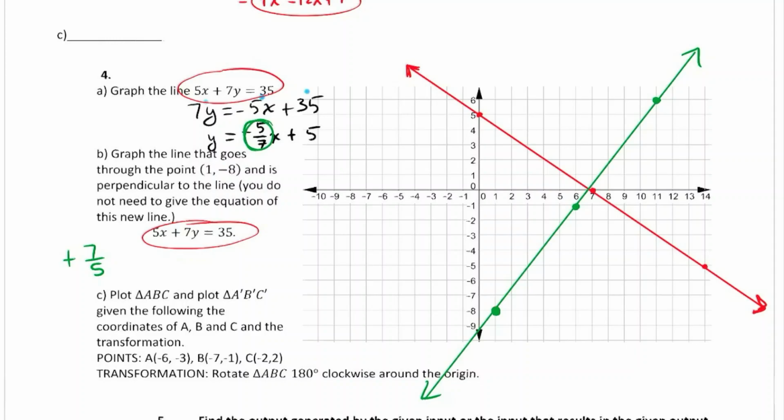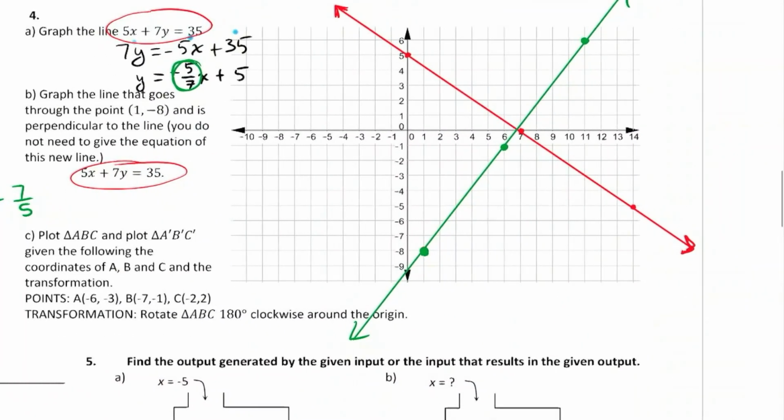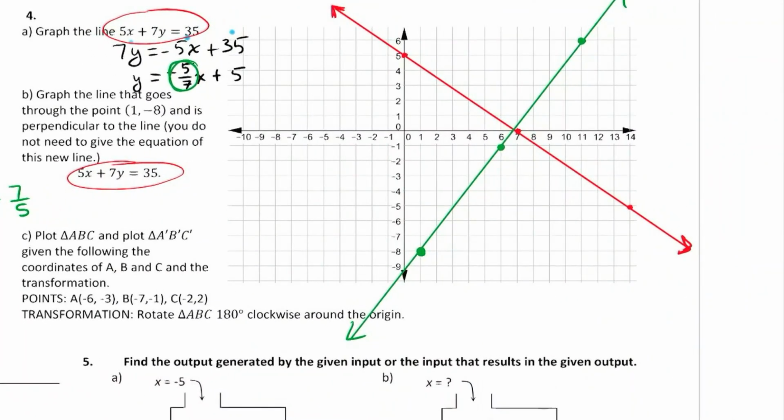Part C says plot triangle ABC and plot triangle A prime B prime C prime given the following coordinates of A, B, and C and the transformation. Oh my gosh, given the following. Okay, so this is worded terribly. Who wrote this? Probably me. So the point A is at -6, -3. I'll use blue for this.